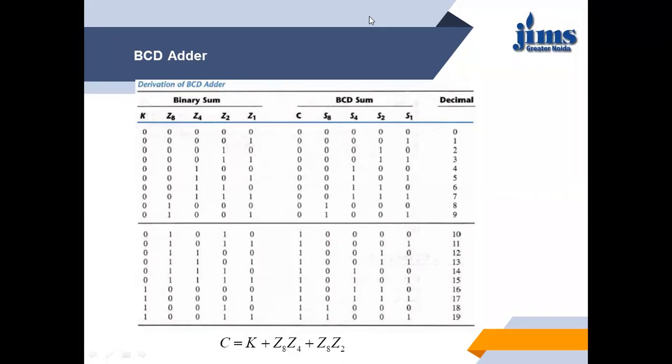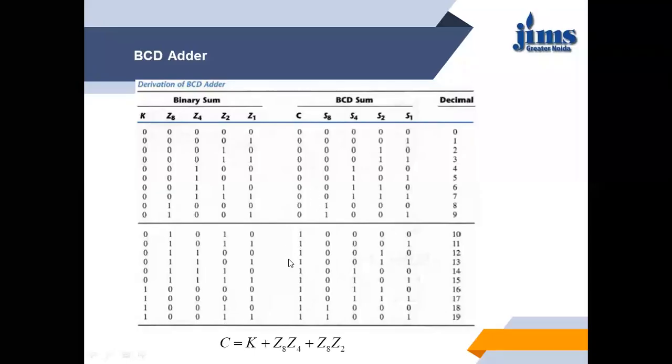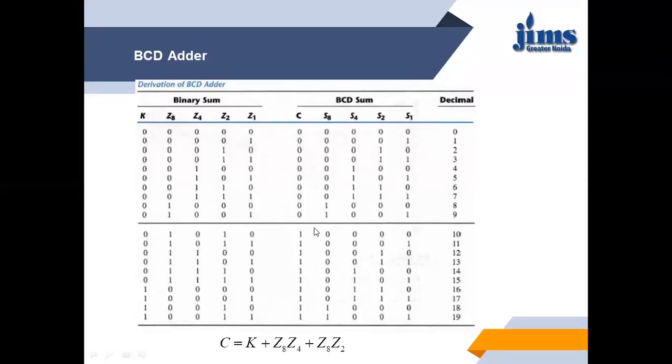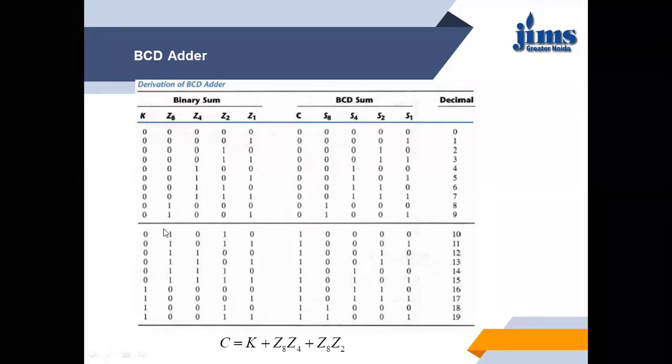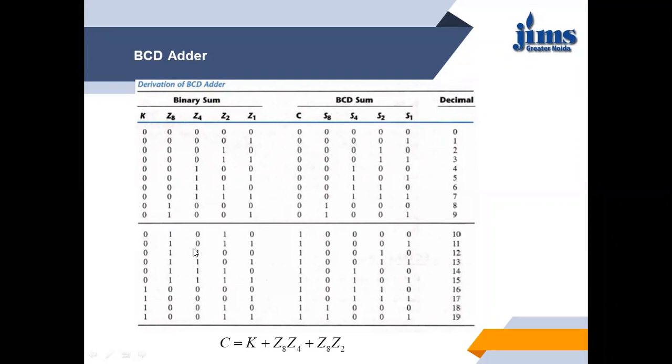So these are the 3 possible conditions whenever there is a carry, when we have to correct our sum and represent it in BCD. So these are the conditions for carry 1. I have separated them out with lines. The carry is generated either when K is 1, or Z8 and Z4 for this combination, or Z8 and Z2 for these two combinations. Whenever these conditions are satisfied, the carry C will be 1.